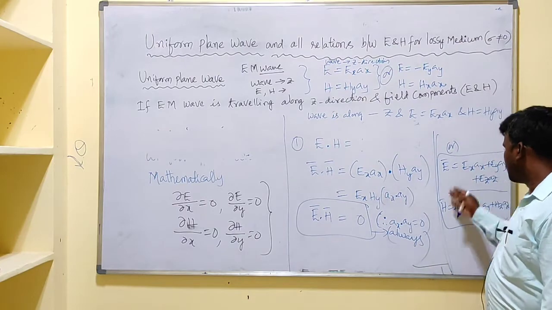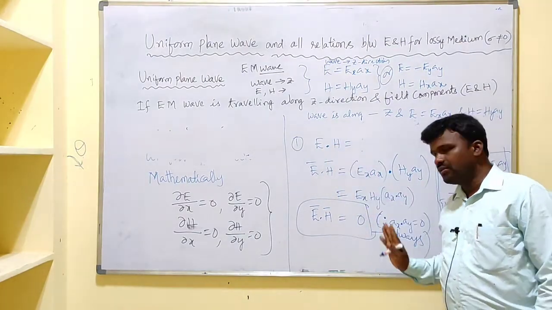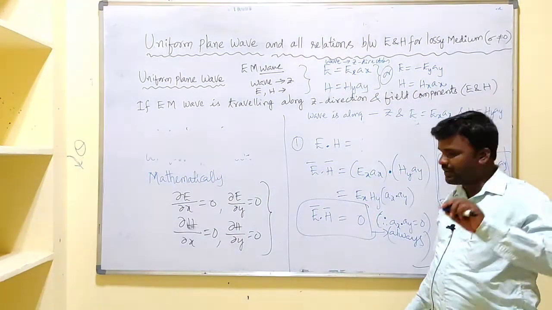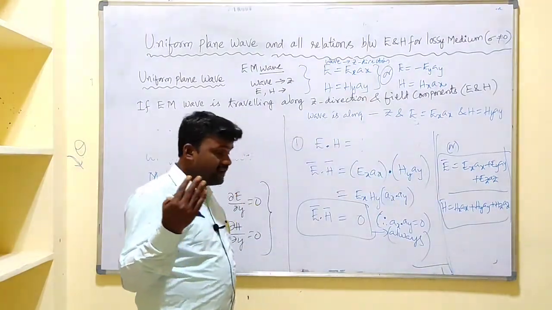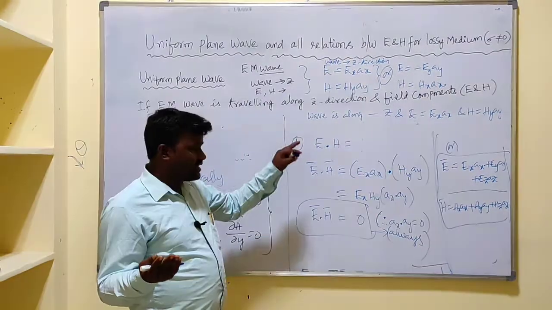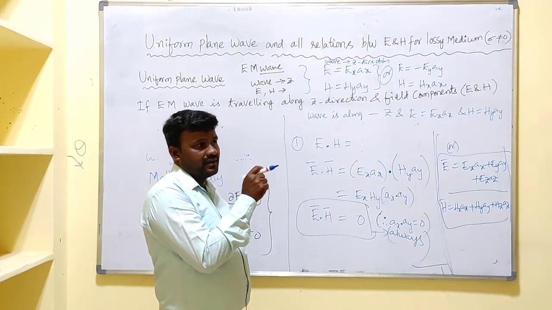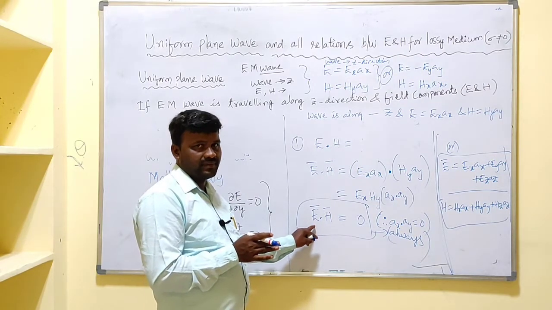So to avoid this complexity, just go for E dot H like this only. As the electric field and magnetic field are perpendicular to each other in the case of the EM wave, since the electromagnetic wave is transverse in nature, as the electric field is in one direction, the remaining components, that is the magnetic field and the direction of the wave, are perpendicular to this electric field.